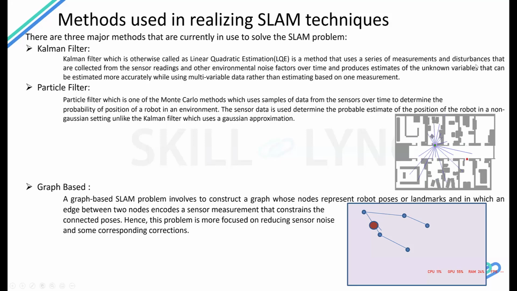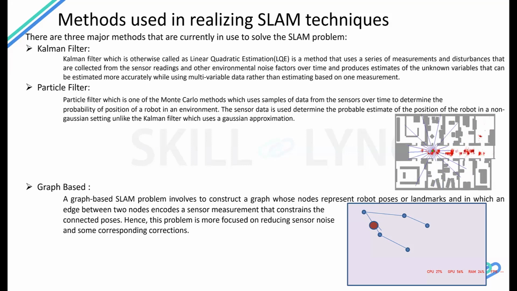Your unknown variables are going to be your position and the heading of the object or the robot, right? So now we know what we need from the robot: your position and your heading. Now, what we know is whatever sensor input you're getting from the environment.